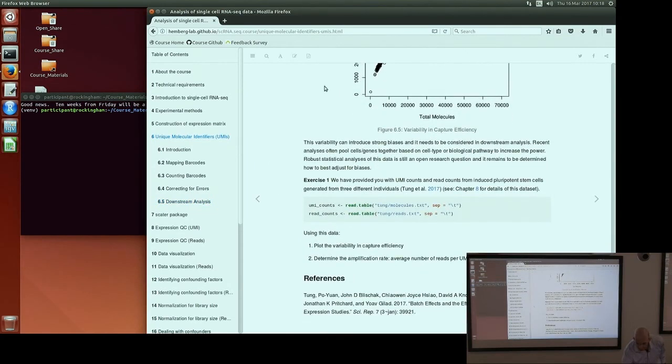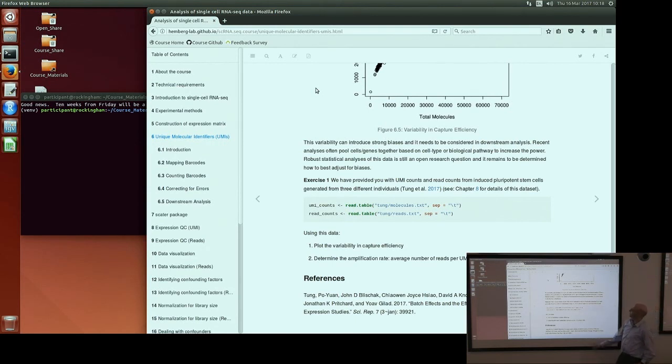Right, so I think we have the first exercise for you here today. What you need to do is get some UMI counts and some read counts from an experiment. And this is an experiment that we'll be using a lot in the next few chapters.